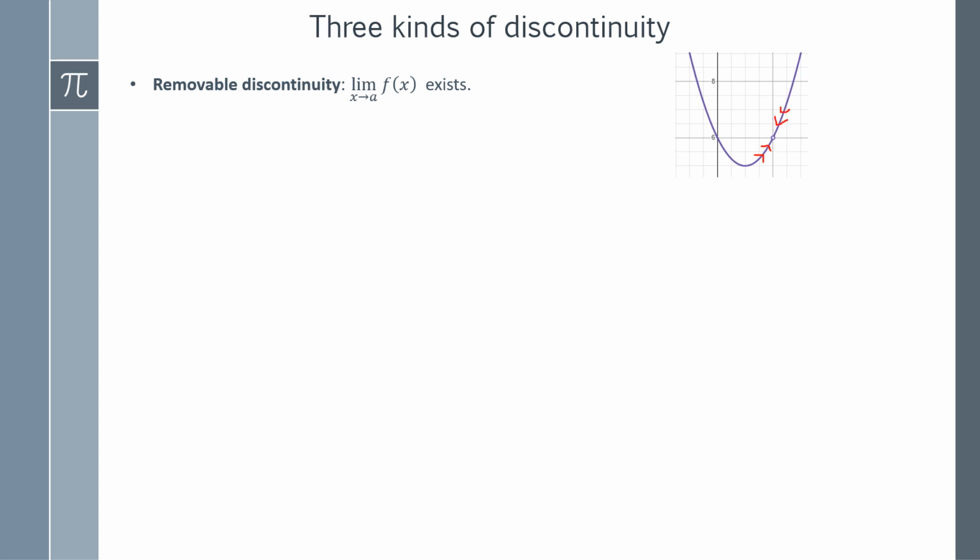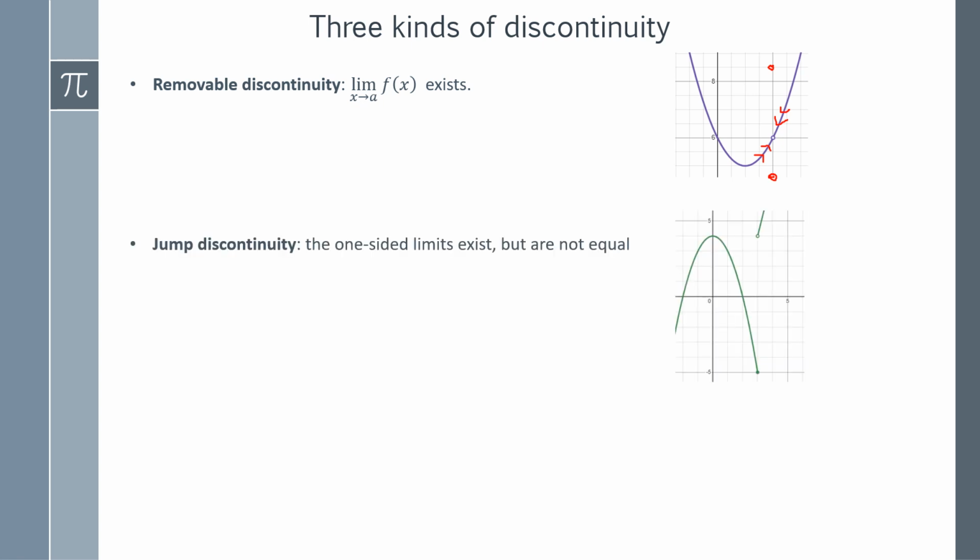So the limit exists, but the value of the function could be somewhere here, or maybe over here, or maybe the function is not defined at that point at all. But the point is the limit does exist, and maybe that's the only condition that's satisfied. So that's what we're going to refer to as removable discontinuity. On the graph, you will basically see a hole in the plot at that point.